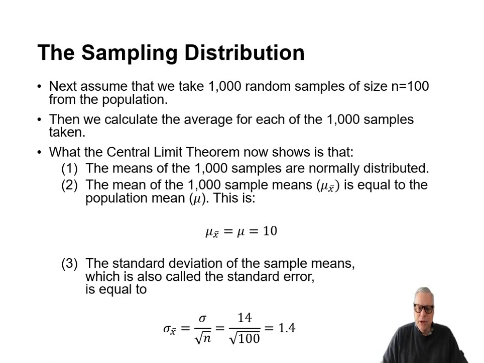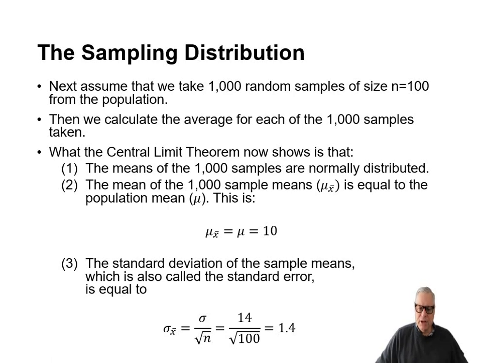And what the central limit theorem now shows is that the means of those 1,000 samples are normally distributed. And the mean of the 1,000 sample means is equal to the population mean. This is that the mean of all the sample means, which is mu with subscript x bar, has to equal mu, the population mean, which is 10.